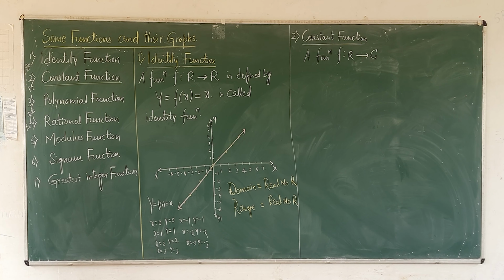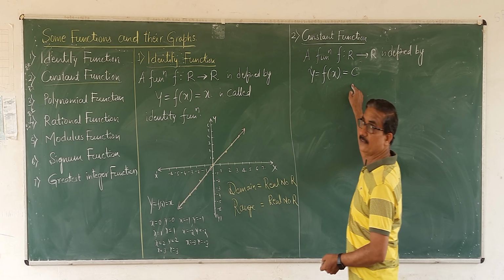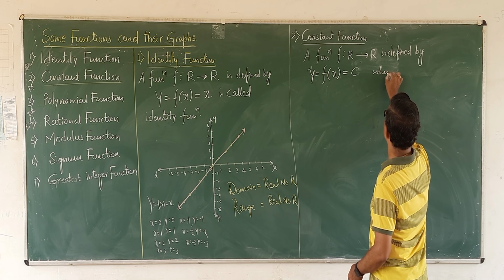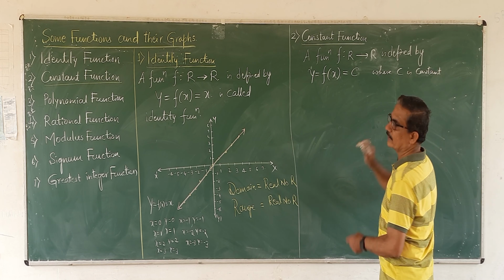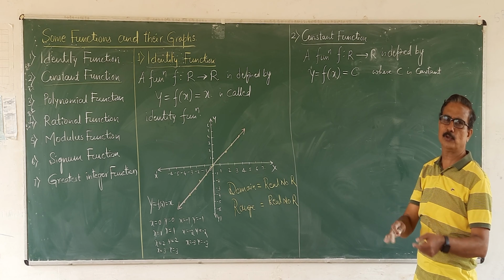Or you can take a function f from R to R. A function f from R to R is defined by y is equal to f of x, where f of x is C, where C is a constant. Or you can take K. K is a constant, that is a fixed number. It may be 2, it may be minus 2, it may be 7, it may be 10, it may be 15. That number is constant.